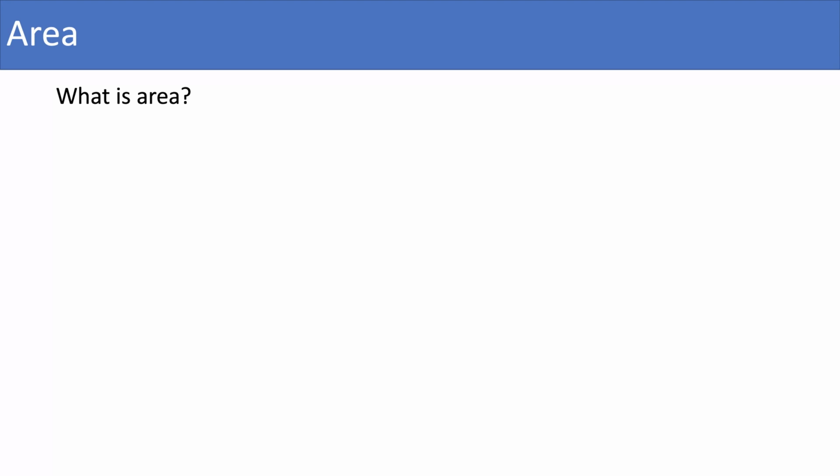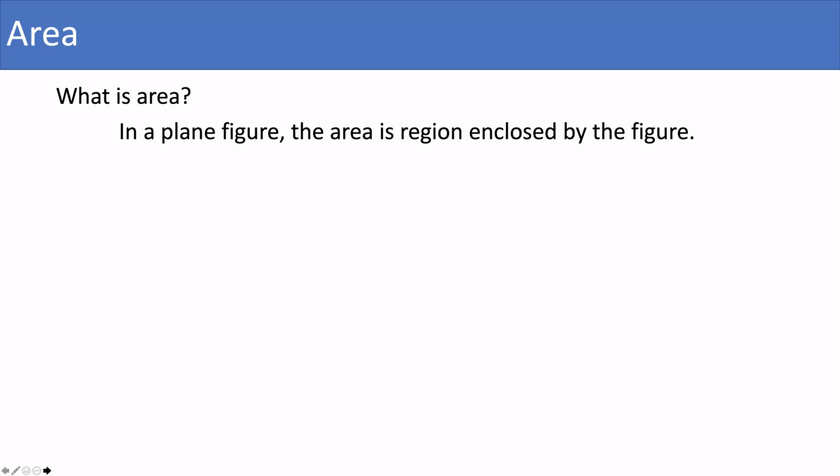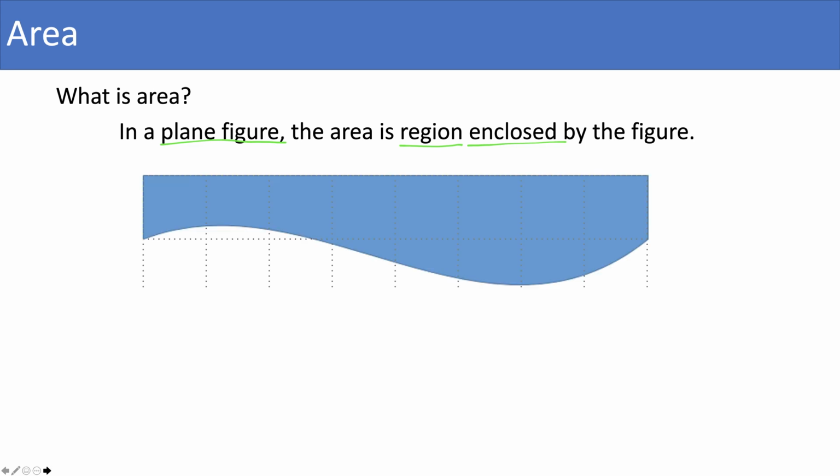Okay, so what is area? If we look at a plane figure, and plane figure means two-dimensional, so it's something flat, area is the enclosed region of that figure. It doesn't have to be a polygon. Here we can see a funky shape.